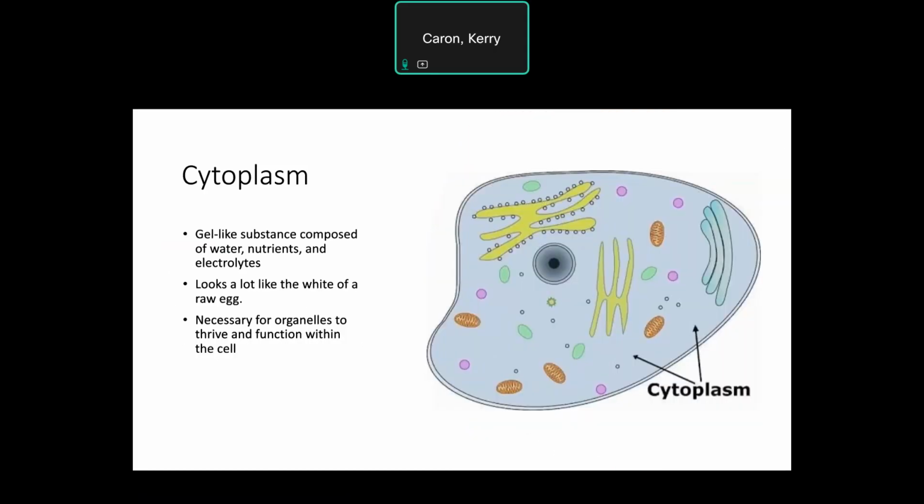Your cytoplasm is gel-like, water-based in the cell. It looks a lot like a raw egg. It holds the organelles, or parts, in the cell to thrive and function within the cell. So cytoplasm is very, very important. And we learned about tonicity, what happens if the cells are in a different kind of solution.